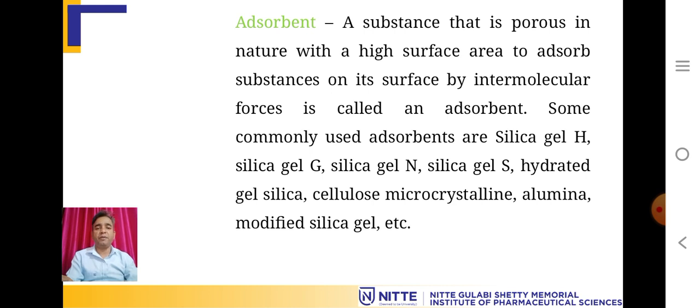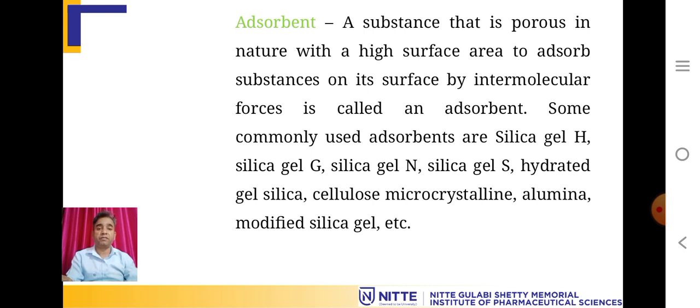So why do we have so many stationary phases? The reason is that each of these stationary phases has a different nature. They bind differently with the compounds present in a mixture as a sample, right? When they bind onto the stationary phase, sometimes the binding interaction is so strong that the compound doesn't elute out from the stationary phase.